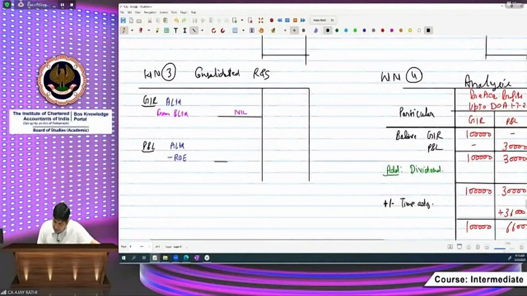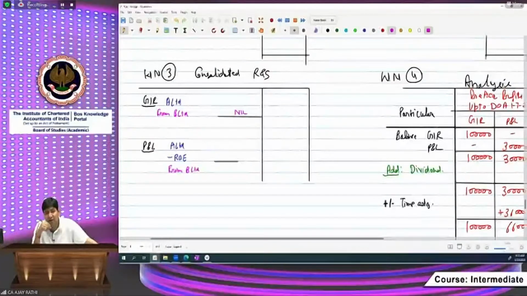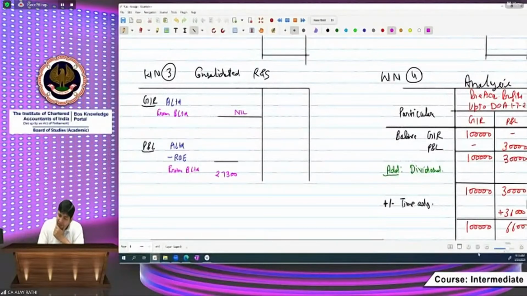After this rectified profit, we shall be able to add the profit from B Limited. You know, rectification is there for the pre-acquisition dividend. Yes, and here it will be how much? That is the post-acquisition share of holding company, that is 27,300. That will be added here. Only after that we could be able to find out the correct figure.